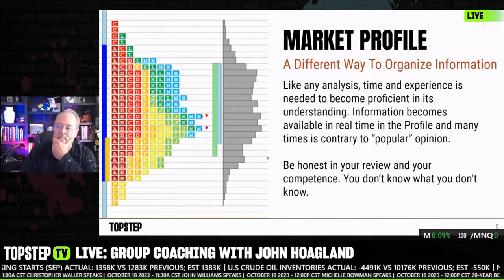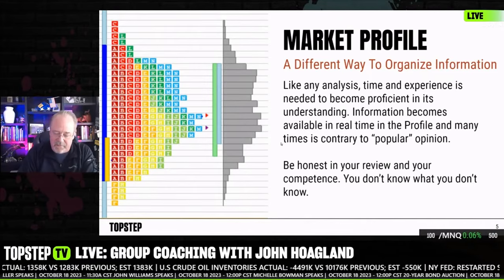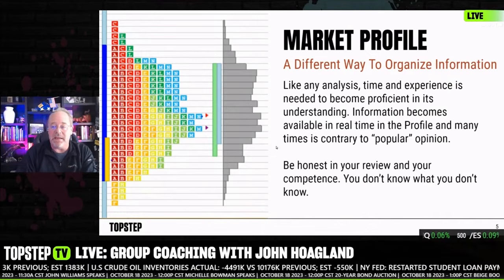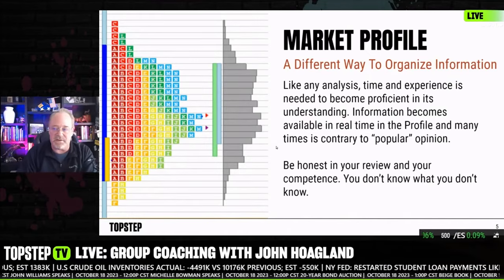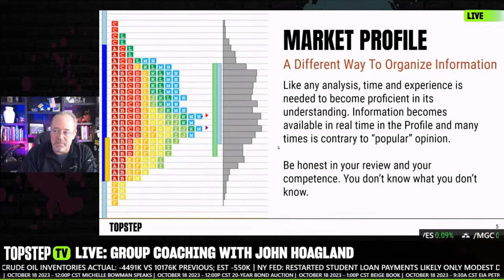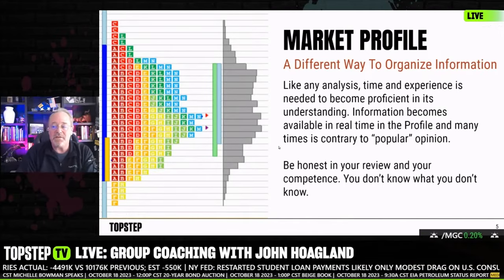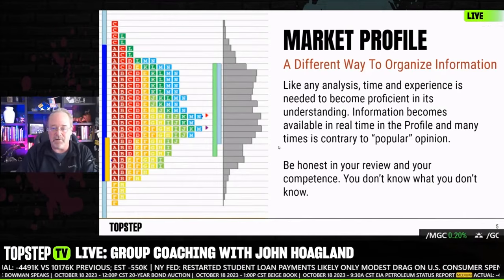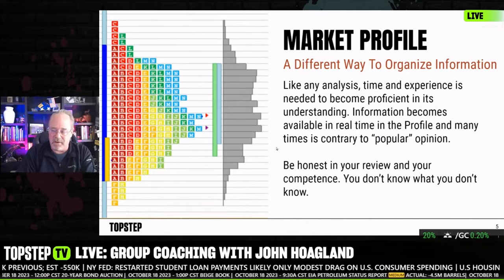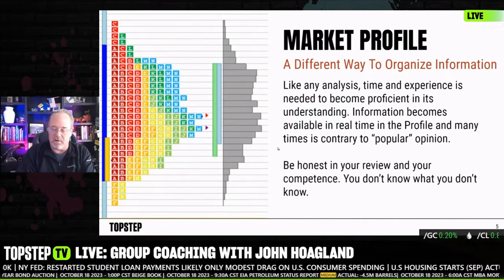Information can become available in real time. In other words, market-generated information can be a non-lagging indication of potential changes in the market and in the marketplace. The information that becomes available in the profile sometimes can be severely contrary to popular opinion. I've noticed this already in TopstepTV when I'm thinking about taking a trade, and a whole bunch of people chime in and say, I wouldn't do that.